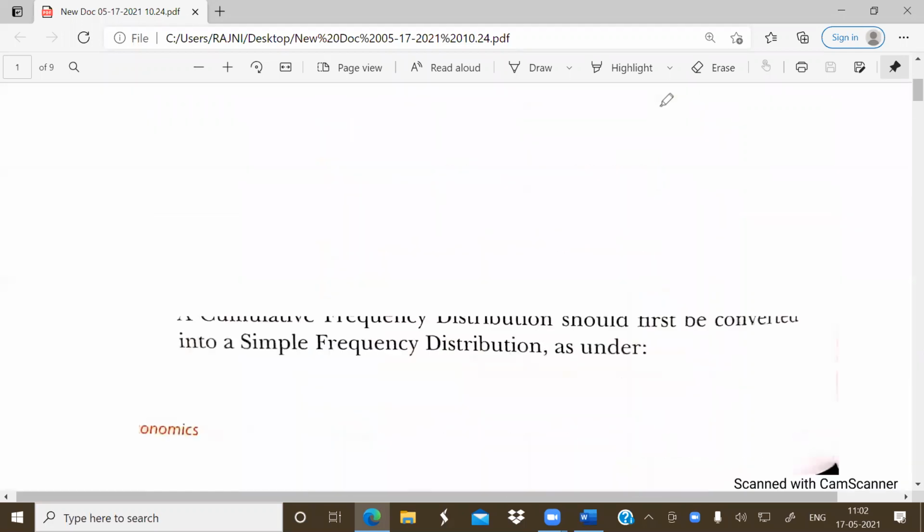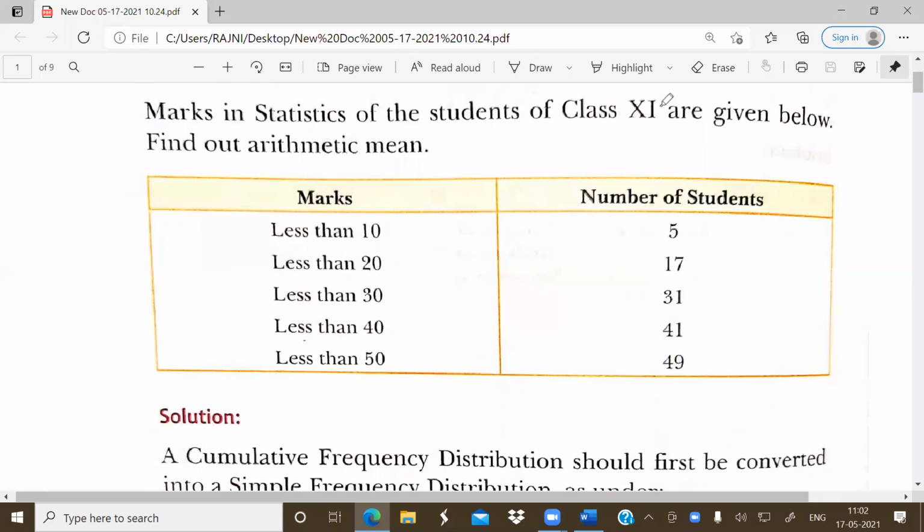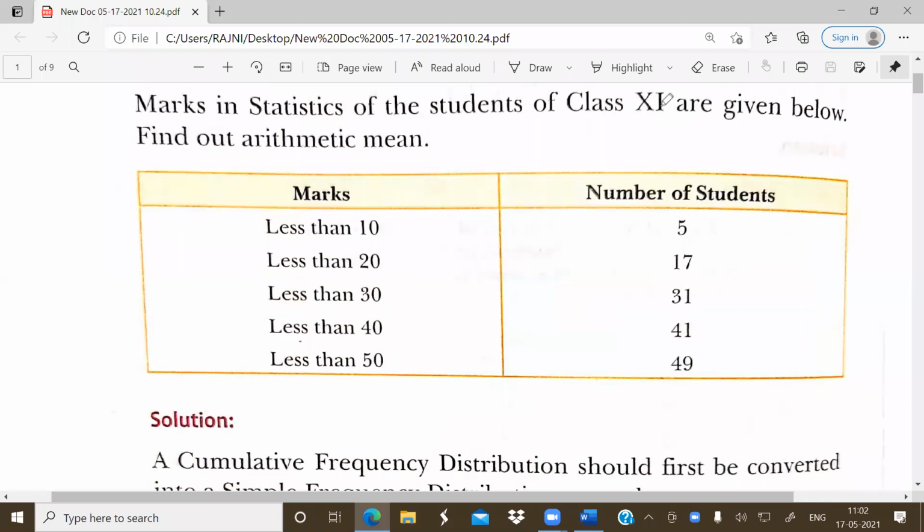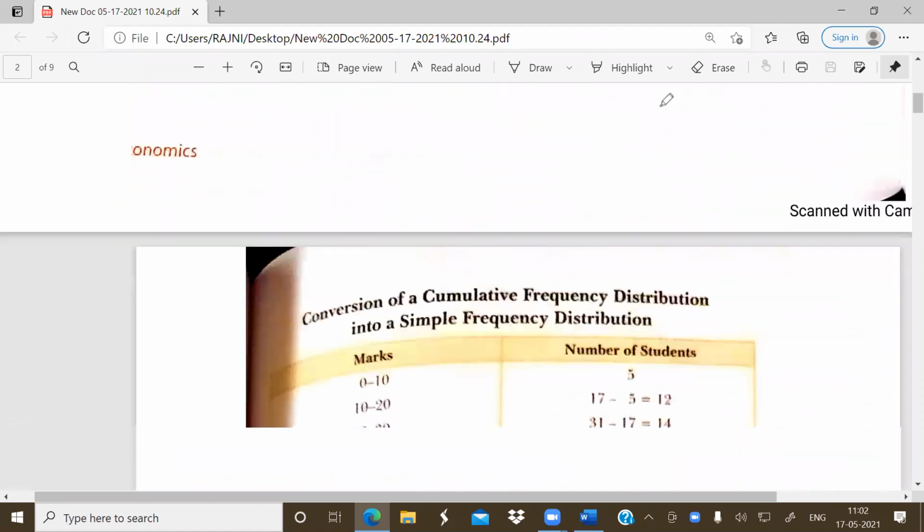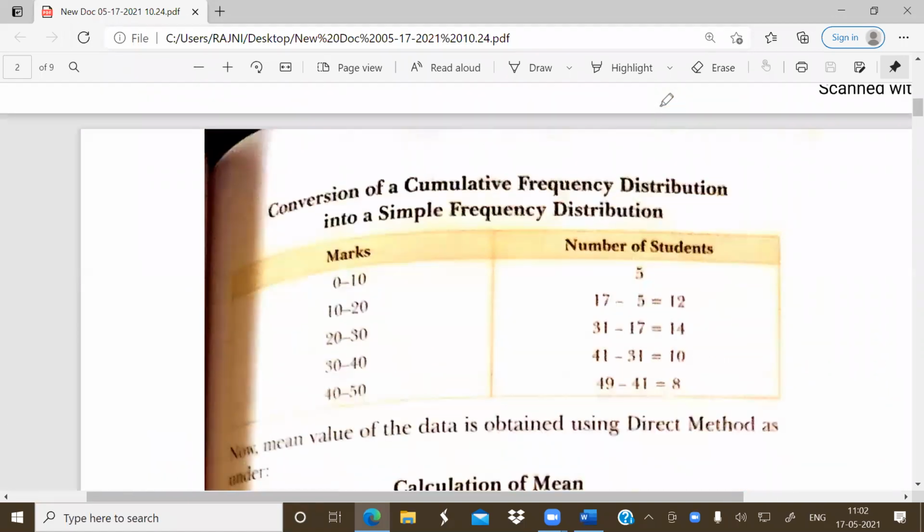series. As the class intervals are given here, less than 10, less than 20, less than 30, it means the gap between the class intervals is 10. So firstly the class intervals will be used as 0 to 10, 10 to 20, 20 to 30, 30 to 40, 40 to 50, right?